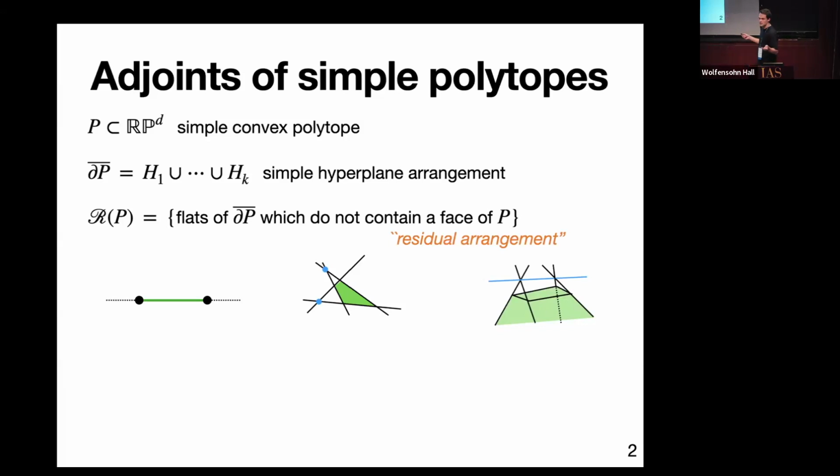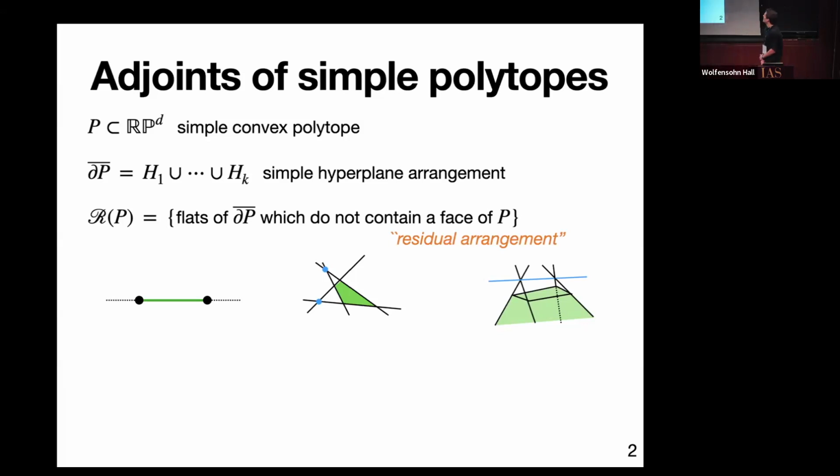These are intersections of the boundary lines that are completely outside the polygon. And then you can imagine you have a 3D polytope that locally looks like this green thing. Now you see that this facet right here and this facet on the other side meet in a blue line, which belongs to the residual arrangement. So in general, you expect that the residual arrangement is something of codimension 2.